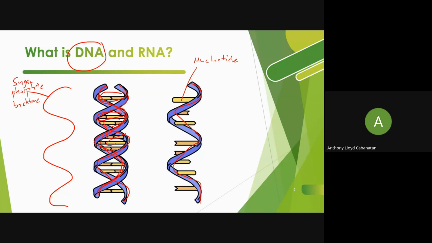Example, COVID-19, di ba? COVID-19 is an example of an RNA virus. May mga viruses din tayo na DNA. Bacteria. So in general, yung tinutukoy ko dito, when it comes to DNA and RNA. Pero mamaya, we will be focusing more on DNA and RNA in correlation with the human genome.